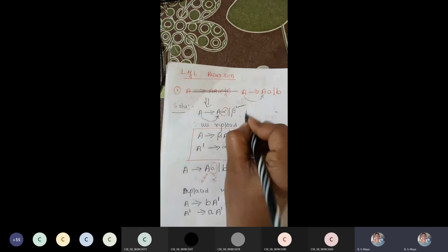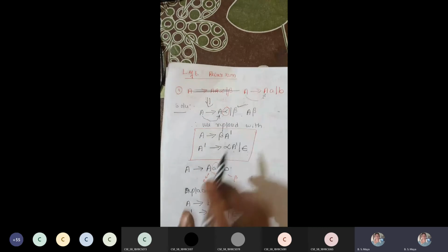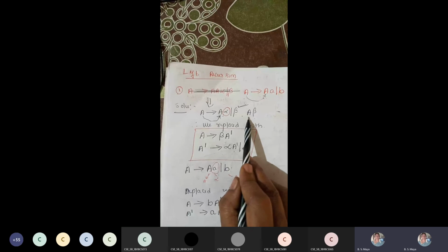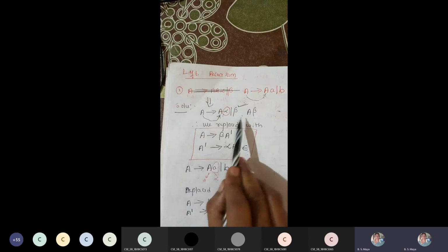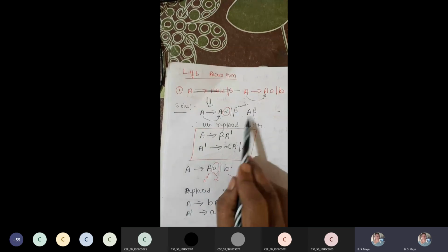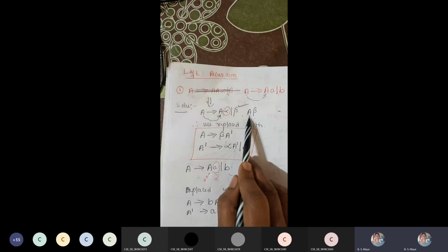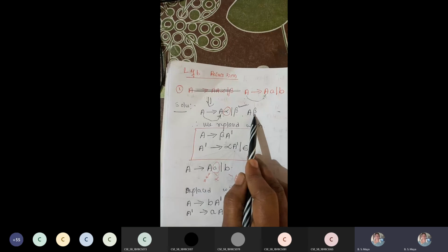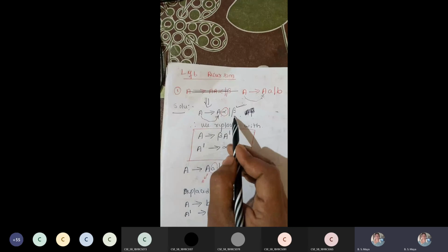If it were A beta, then again the production has A, and I can't take this production for replacing to eliminate left recursion. If you don't have any A and have only beta, then you can start with beta.